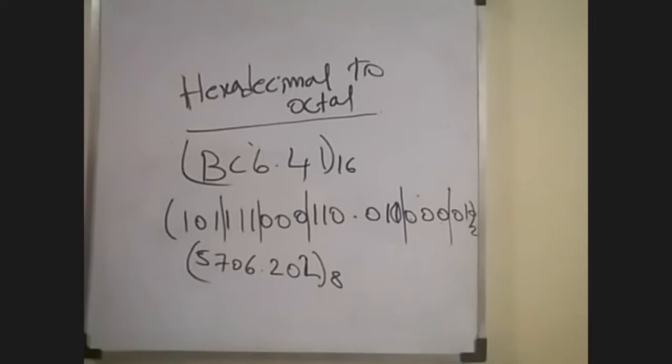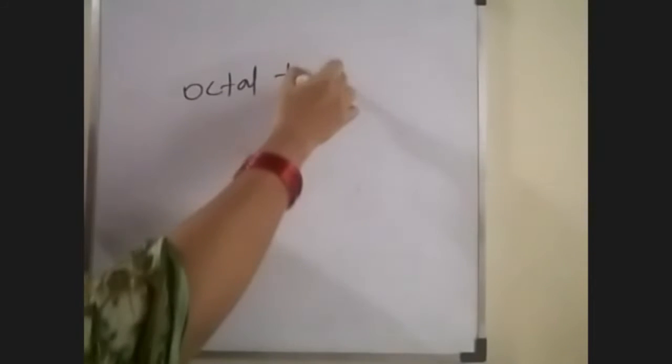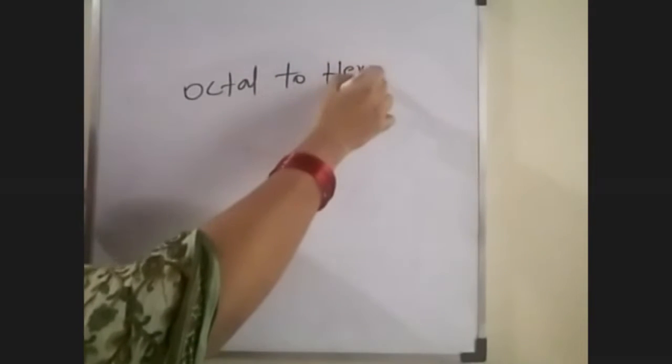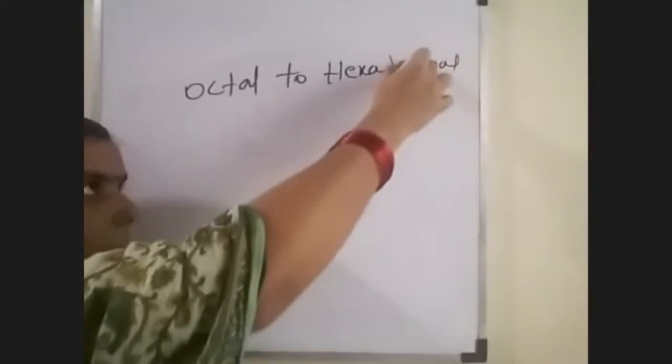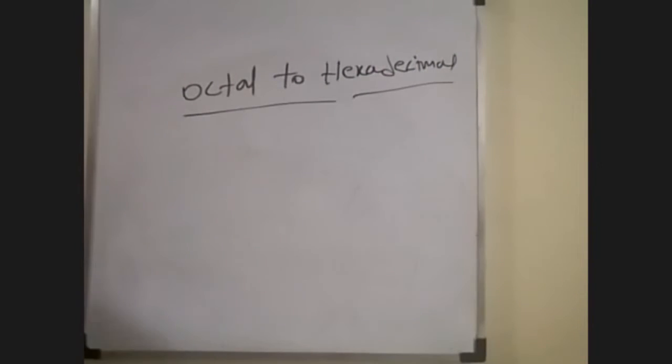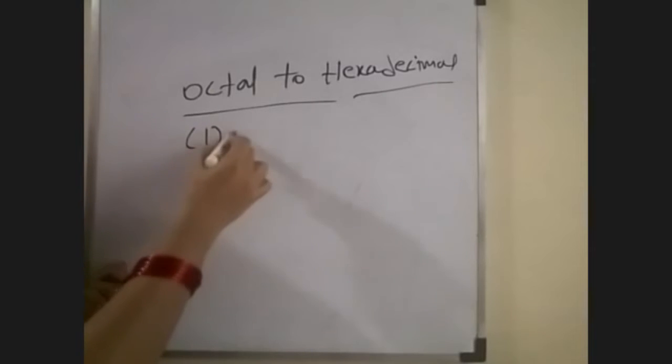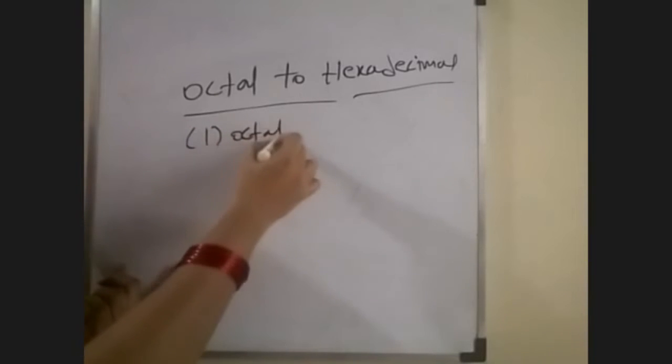Then the next one is octal to hexadecimal conversion. In this, you first convert the octal number to its binary equivalent.